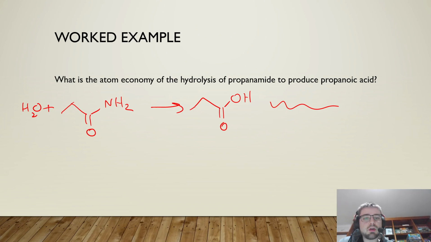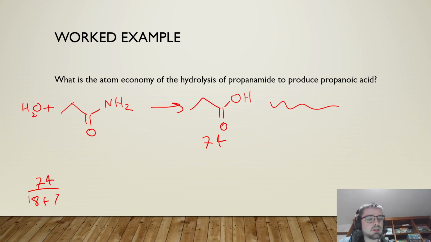So this one here, we've got 1, 2, 3 carbons, so we've got 36. 2 oxygens is 32. We're going to have 1, 2, 3, 4, 5, 6 hydrogens. So it's going to weigh 74 overall. Let's put that as our numerator. Over here, we've got water's 18 plus 36 plus 16 from the oxygen, 14 from the nitrogen, and 1, 2, 3, 4, 5, 6, 7 for the hydrogens.